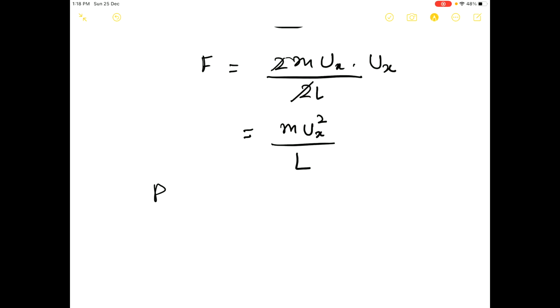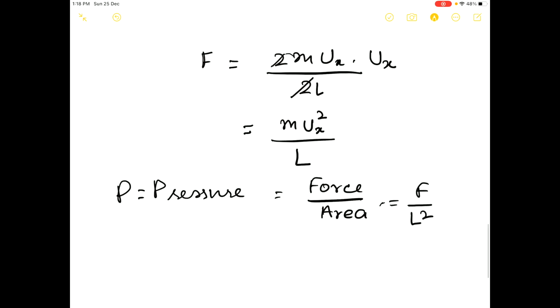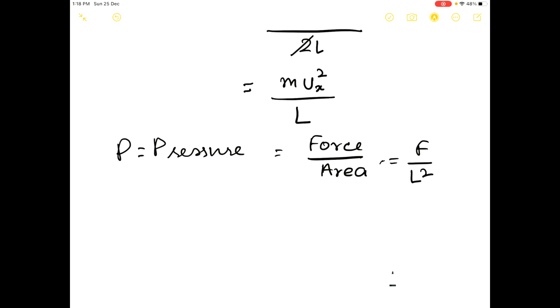Now pressure. What is pressure? P is equal to force per unit area, and the area of the face is L square. So P is equal to mux square divided by L, divided by L square.